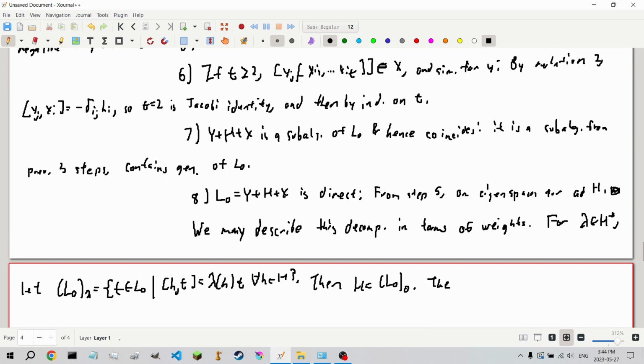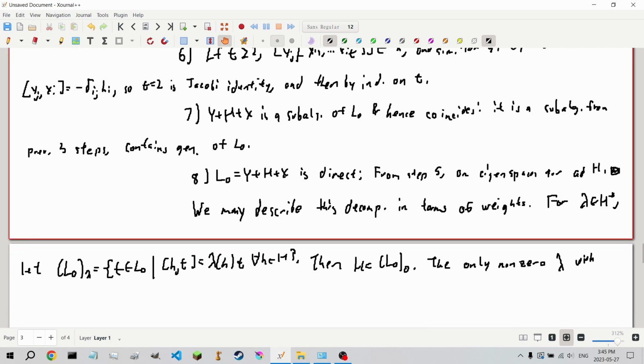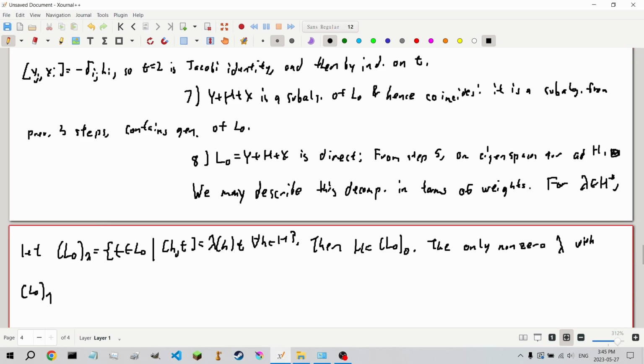The only non-zero lambda with L naught lambda being non-zero are the lambda of the sum of k_i alpha_i for k_i in the naturals with 0, or negative k_i in the naturals with 0.